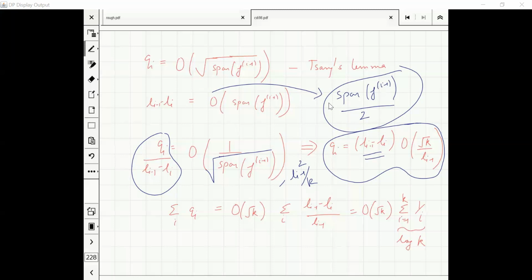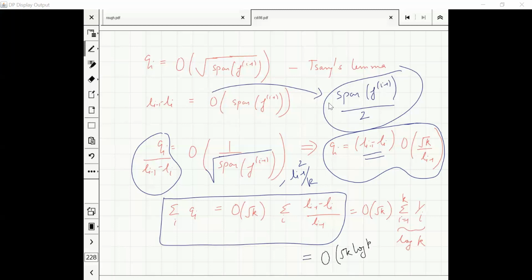Now you reorganize and you get this. Square root K comes out. What you are left with is the summation over i of Li minus 1 minus Li divided by Li. This is given to you as an exercise in the notes. It's easy to see that this becomes square root K. So the number of parities fixed is square root K log K, and then all my active parities are destroyed. The number of active parities will become constant. This is the proof that the rank is order of square root K log K.